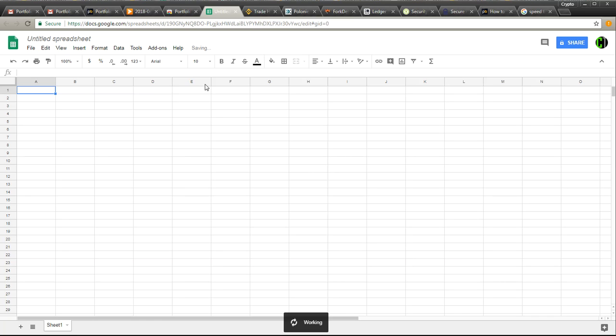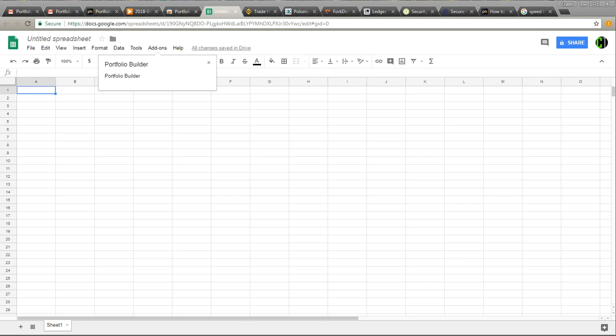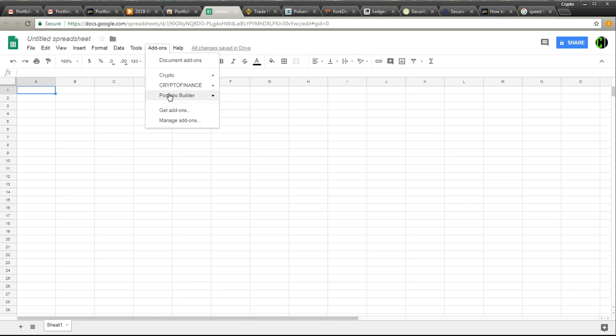Wait for a moment. It's going to load the tool into the add-on box up above. As soon as this stops saying working, we'll check it to make sure it's installed properly. There's our notification. And we can see Portfolio Builder Trigger Update is available.